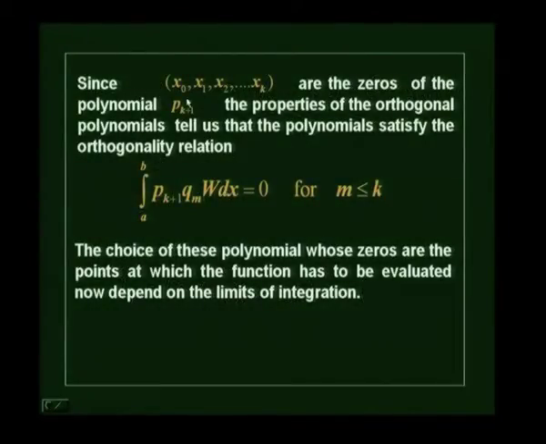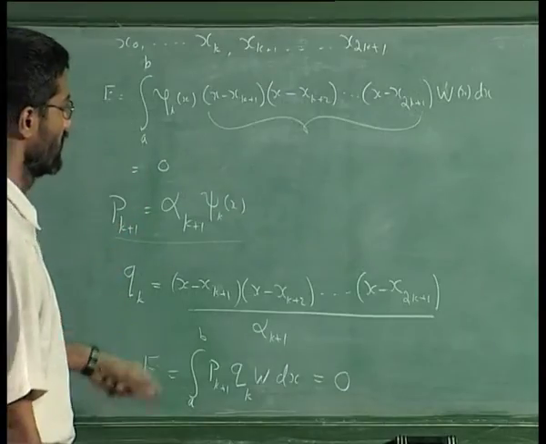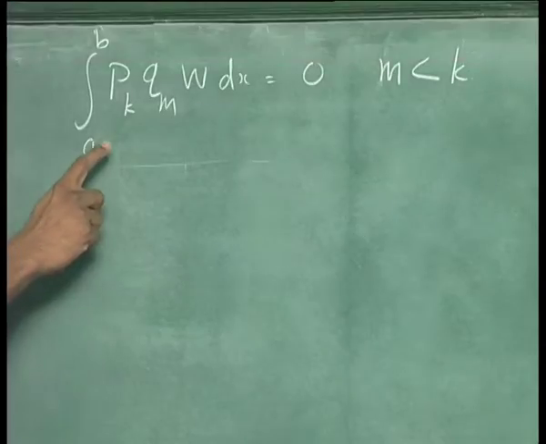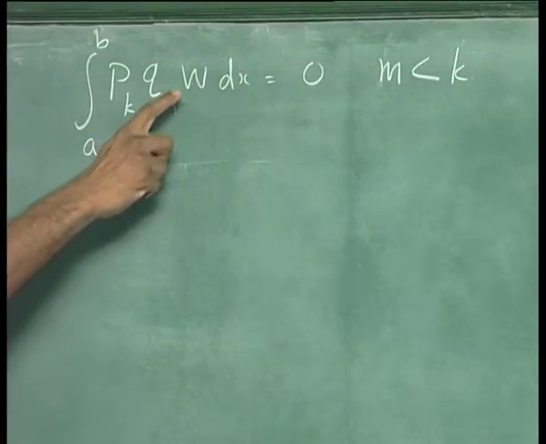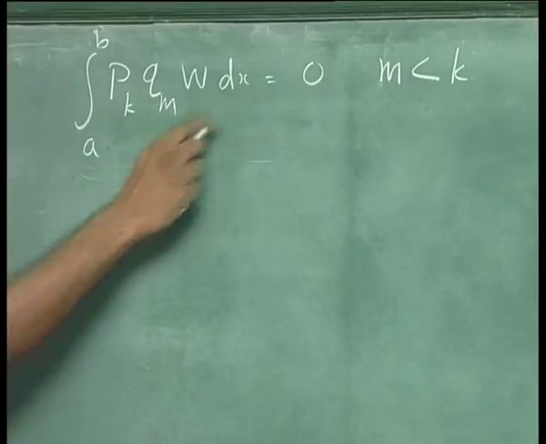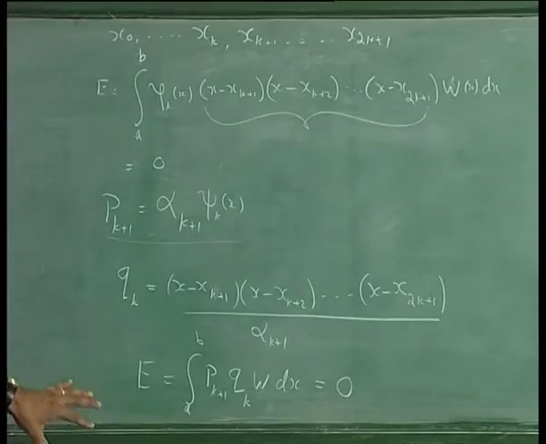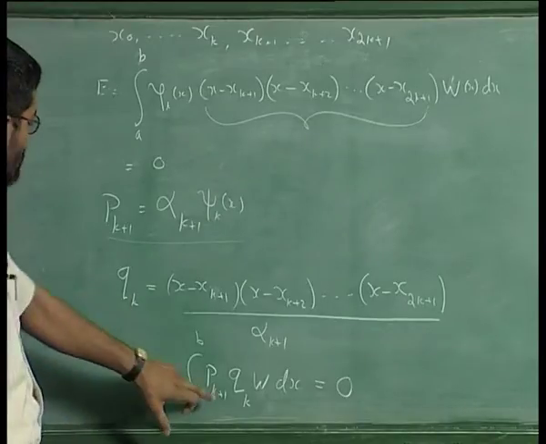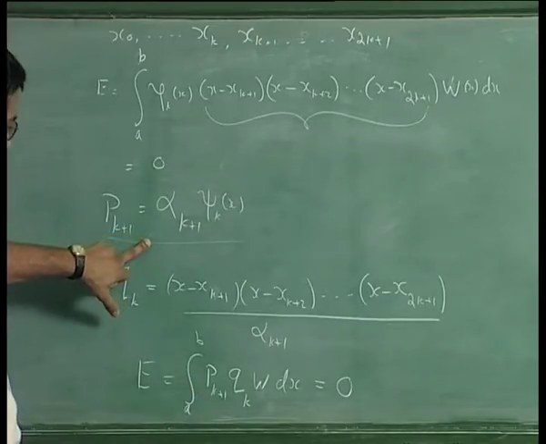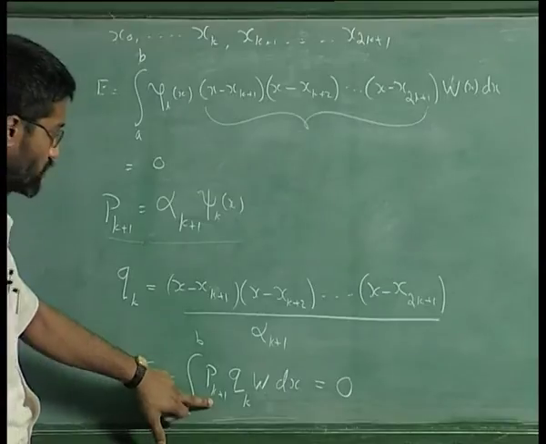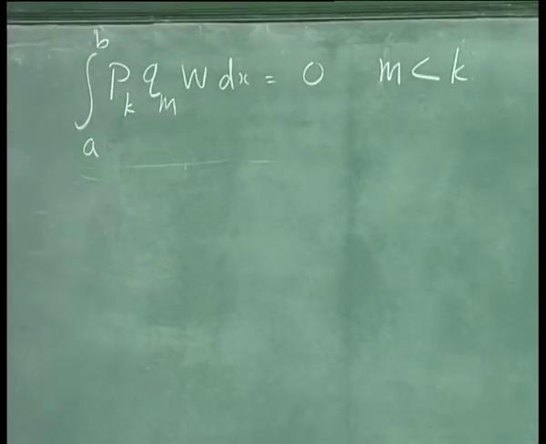So, the choice of this, now that is what we are using, the orthogonality property, it is summarized here. Now, remember there is one more case where this can always work. As I said, we can always find a p, a w, and an a and b such that this is 0. In this particular case, this will always work because of the construction of pk. The way we construct pk is important to make it satisfy this condition.